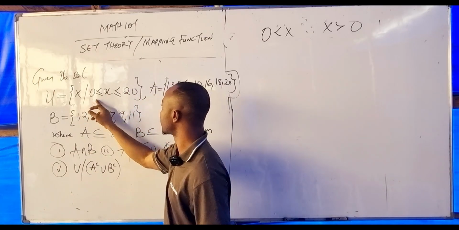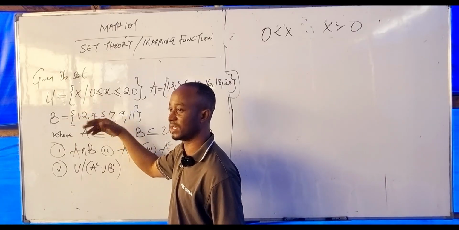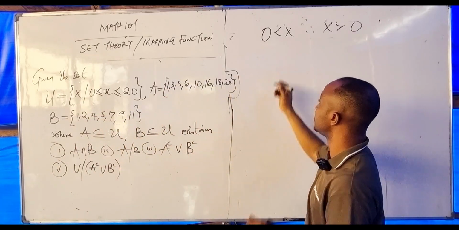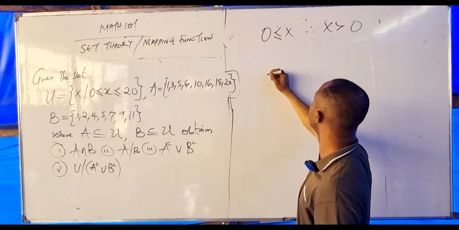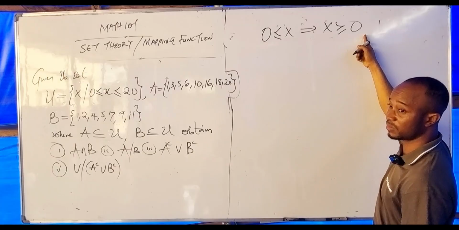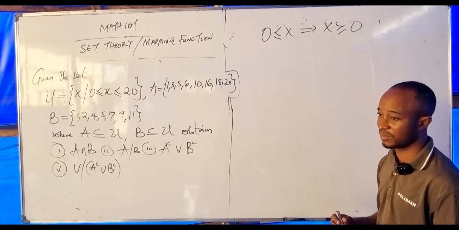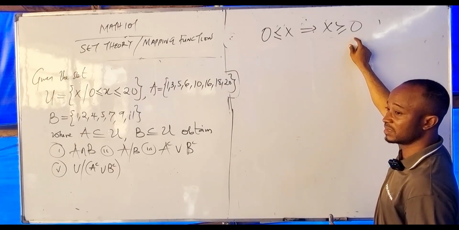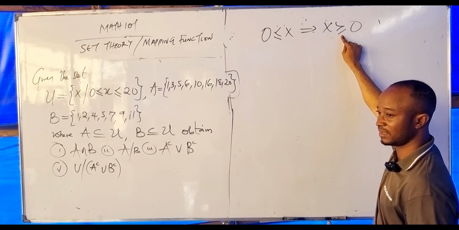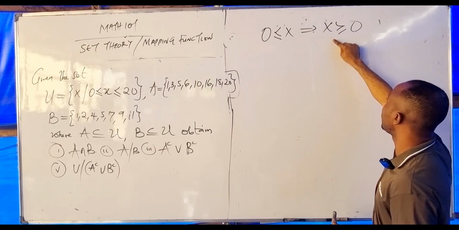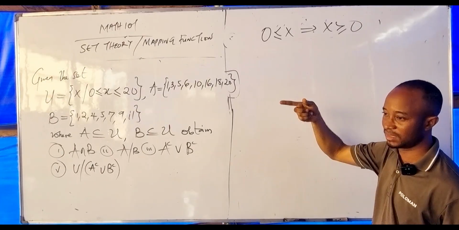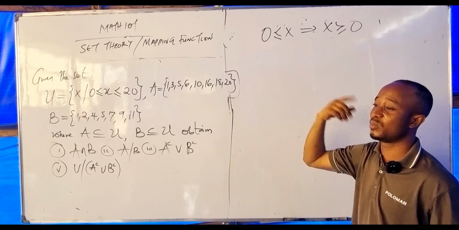If 0 is less than or equal to x, that means x is greater than or equal to 0. You now ask yourself, what are the numbers greater than 0 and also equal to 0, because we have an equal sign here? Since this equal sign is here, that means 0 is part of those numbers, followed by 1. Numbers greater than 0 are 1, 2, 3, 4, 5.